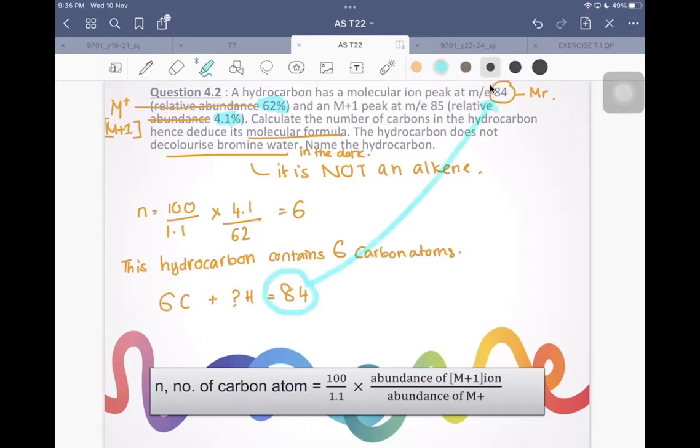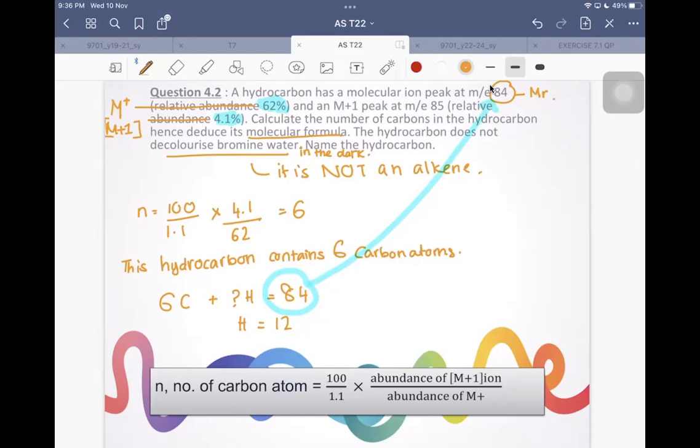The molecular ion peak is usually the Mr of your molecule. Okay, so if I work that out, 84 minus 6 times 12 for carbon, I've got hydrogen equals 12. This is the mass of the total hydrogen.